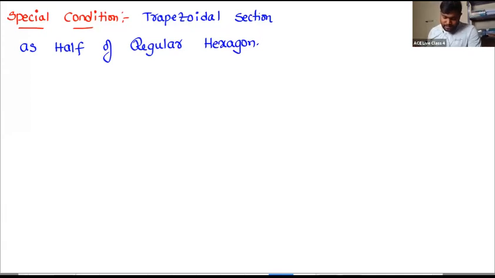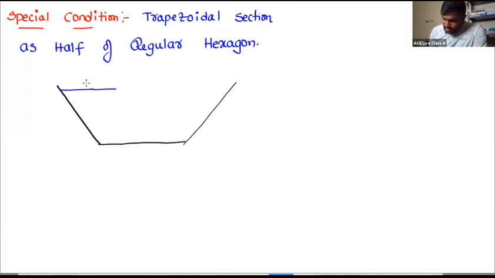What is meant by half of regular hexagon? If I take the trapezoidal as a half of regular hexagon, the meaning of a regular hexagon is that all the sides are the same. Yes or no?